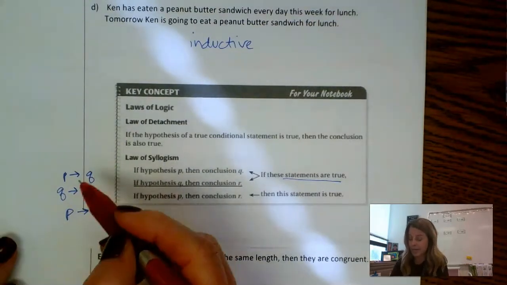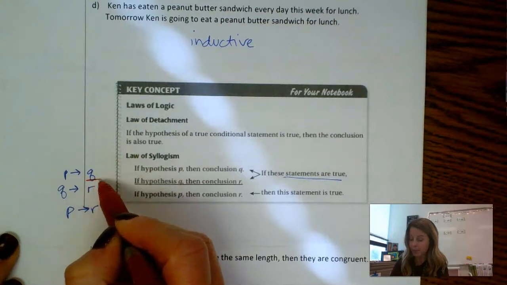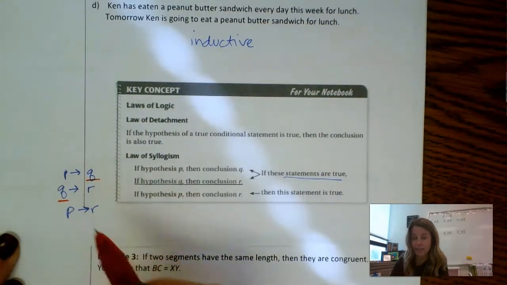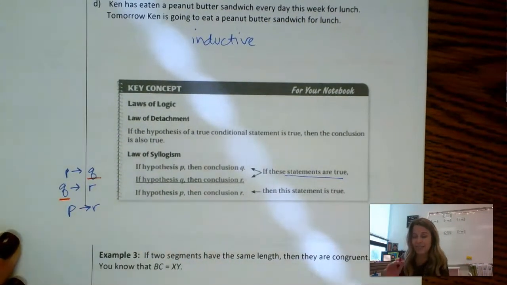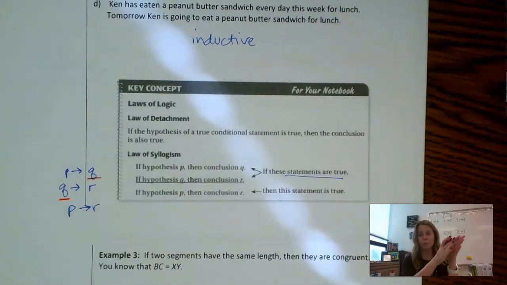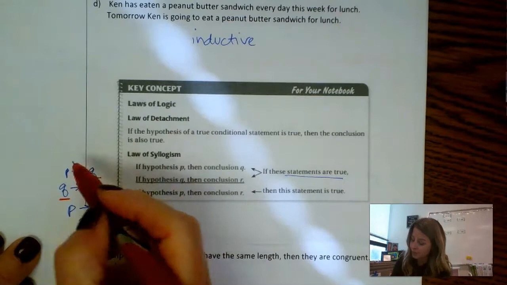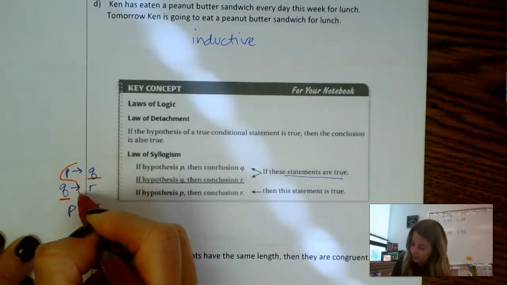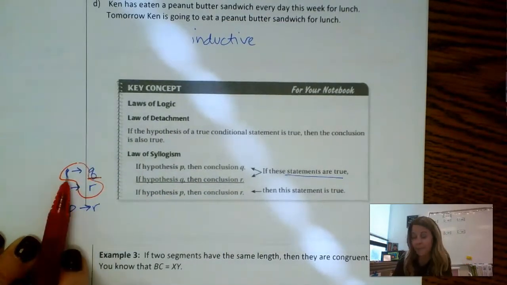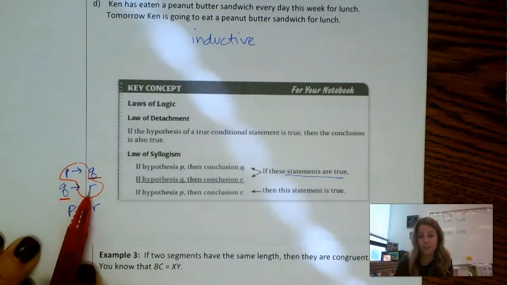Since the conclusion of the first is the hypothesis of the next sentence, it's almost like you can cancel it out. If number one leads to number two, and number two always leads to number three, then number one will always lead to number three. I like to circle and say, if the first hypothesis, then the second conclusion.